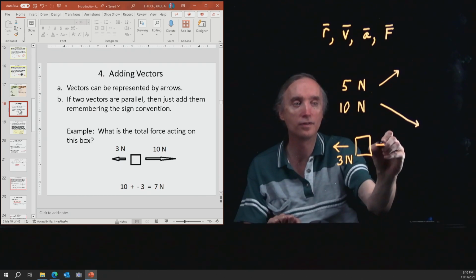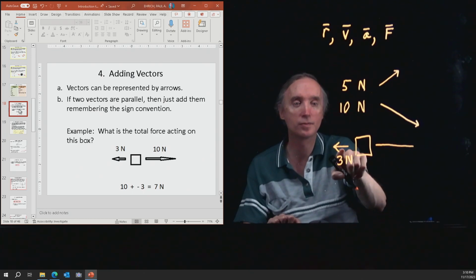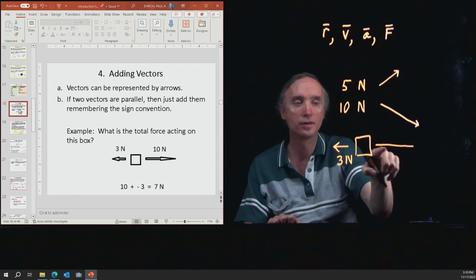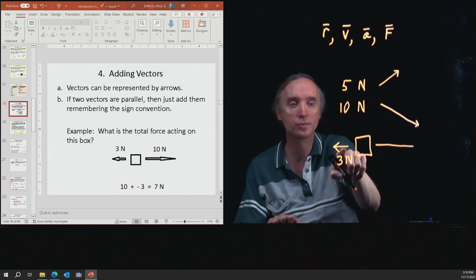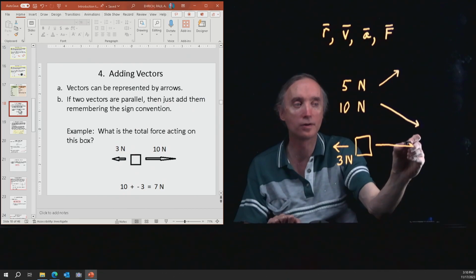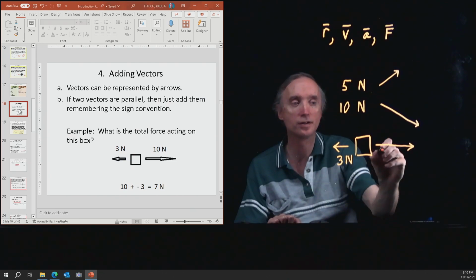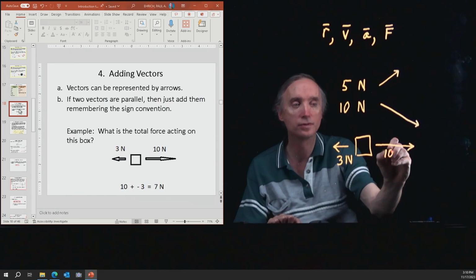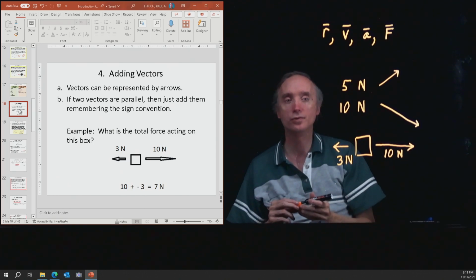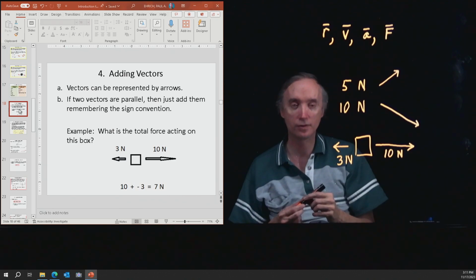Now I need to draw this one so that it's about 3 times the length of this one over here. So that's my artist rendition of that. So that's going to be 10 newtons in that direction. How are we going to add those 2 forces together?